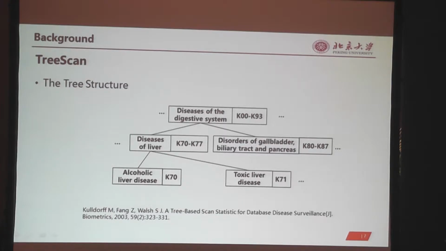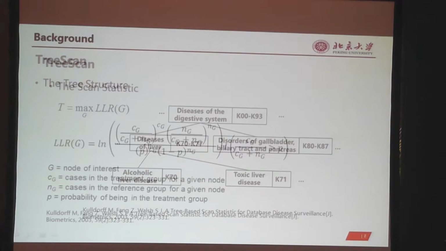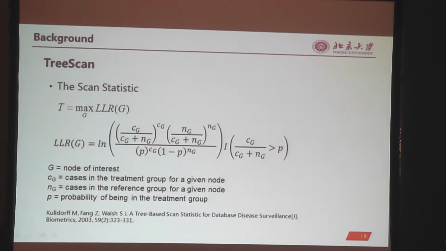The root of the tree corresponds to the broadest definition of a given event, the nodes correspond to the different sub-level definitions, and the leaves correspond to the codes with the finest definitions, and the branches connect all these together. And the second element is the scan statistic.